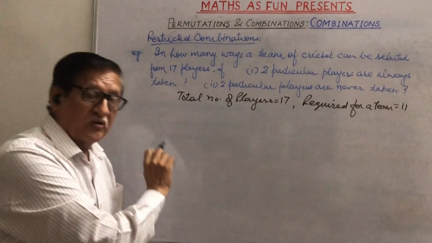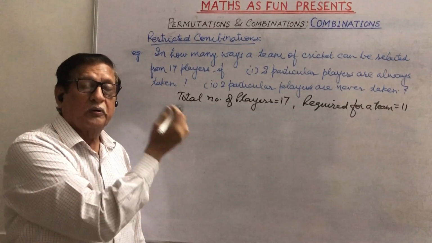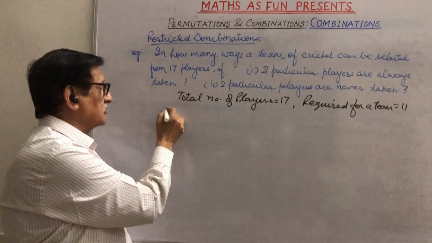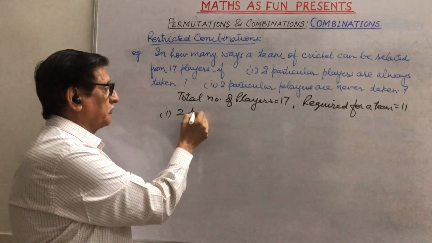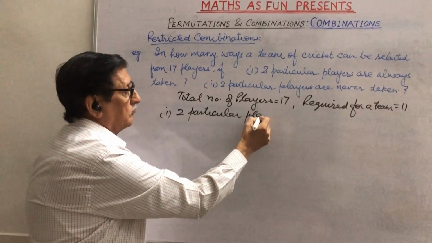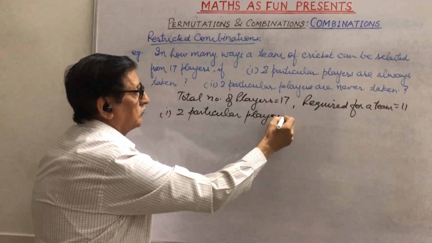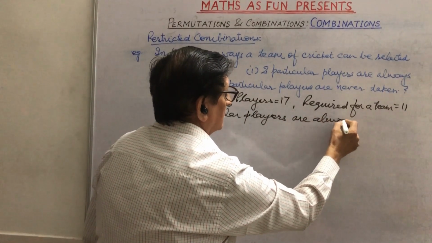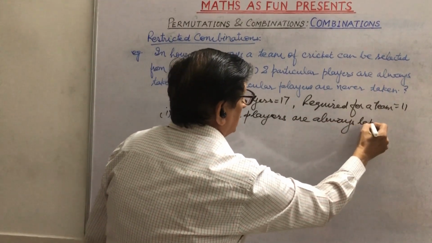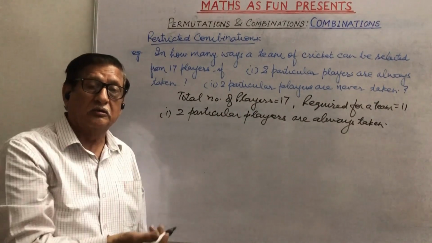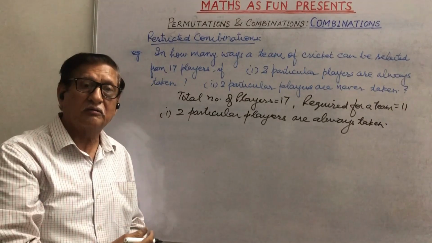Now, in the first case, we have been given that 2 particular players are always taken. You can see when 2 players are already taken, it means we have to select only 9.